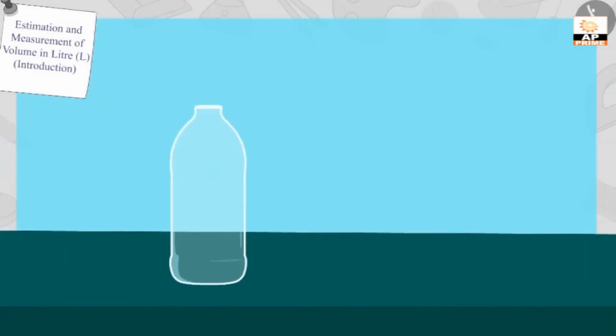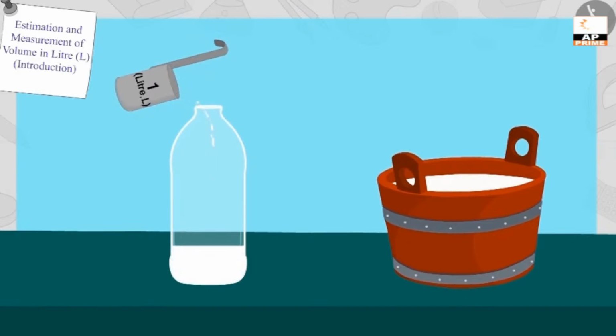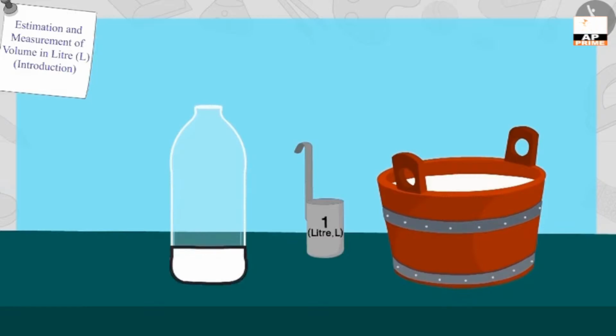Now Golu took 1 bottle of the other size and started filling it with his 1 liter milk measuring scale. After pouring 1 liter of milk the bottle was this full.